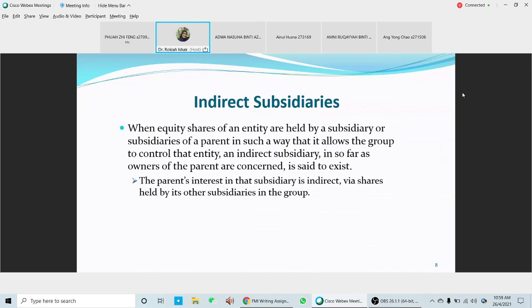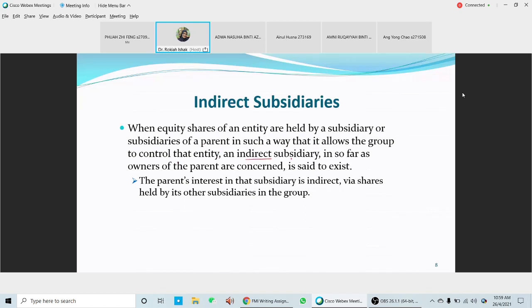Okay, now we're going to look at what an indirect subsidiary is. An indirect subsidiary is when the equity shares of an entity are held by a subsidiary or subsidiaries of a parent in such a way that allows the group to control the entity.